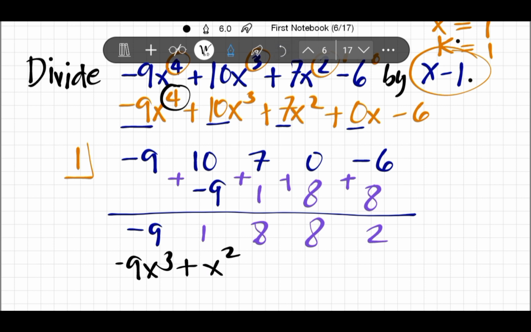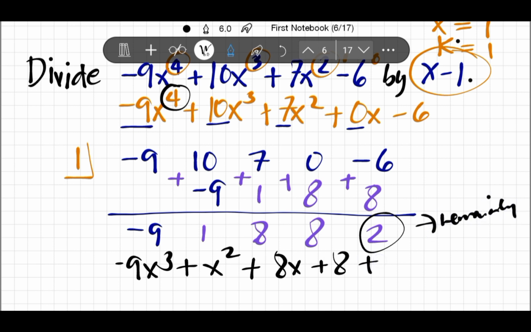Just simply write x squared plus 8x plus 8, and this will be a remainder. So plus 2 over the divisor x minus 1. Because again, the remainder should be over the divisor.